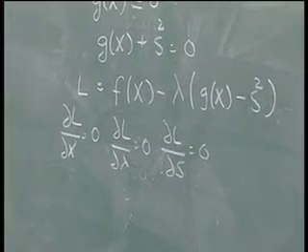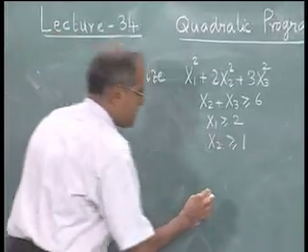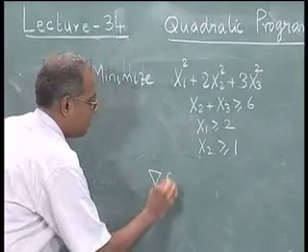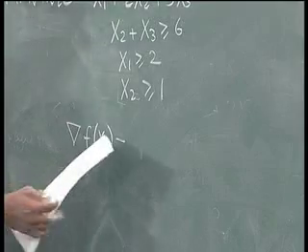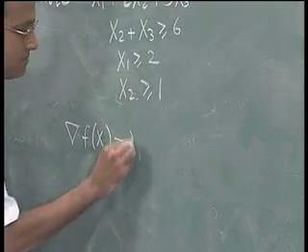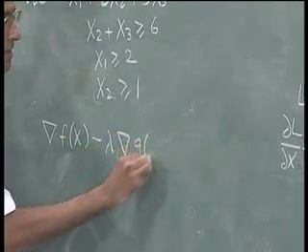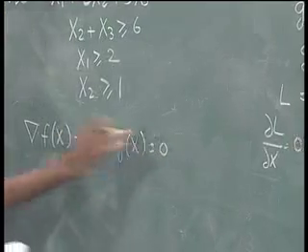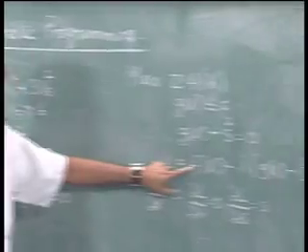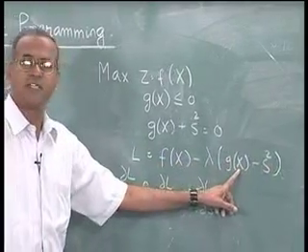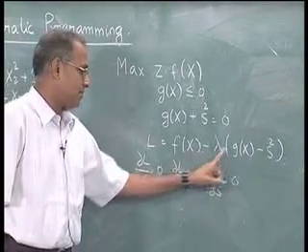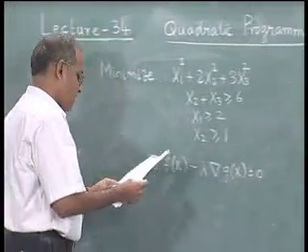Now, dou L by dou x equal to 0 would give us del f of x minus lambda del g of x equal to 0, because this is dou by dou x del f of x. Now, this will not be there because we are partially differentiating with respect to x. So, minus lambda del g of x equal to 0.